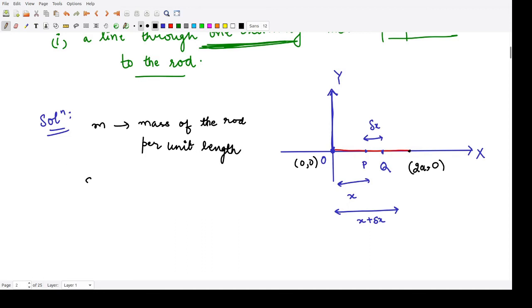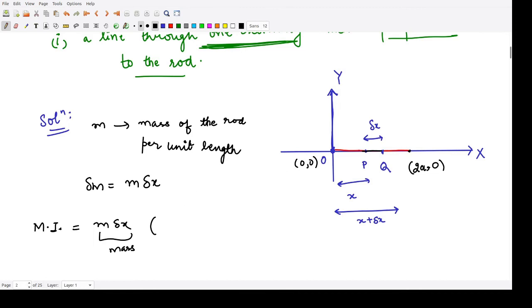Therefore, the mass of this small portion delta m would be this m multiplied by delta x, so the per unit mass multiplied by this small distance delta x. So this would be the small mass. Therefore, the moment of inertia would be calculated by the expression m into delta x, that is the mass, multiplied by the perpendicular distance square.